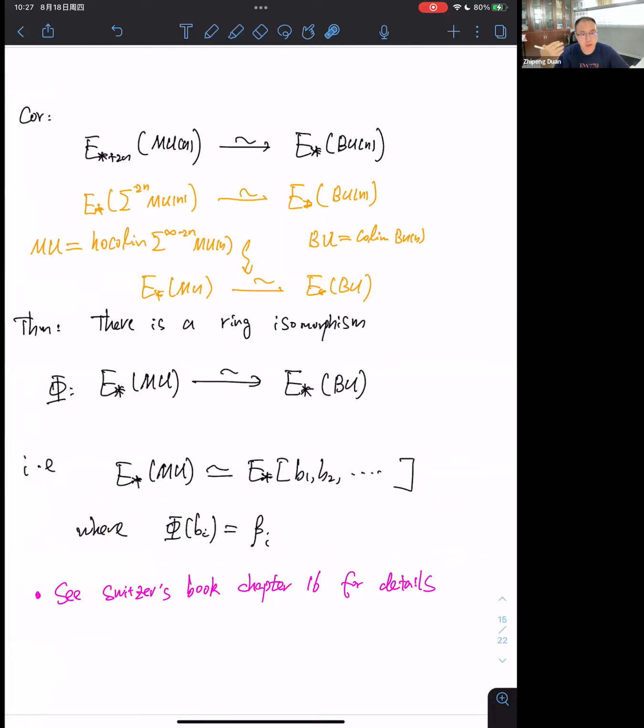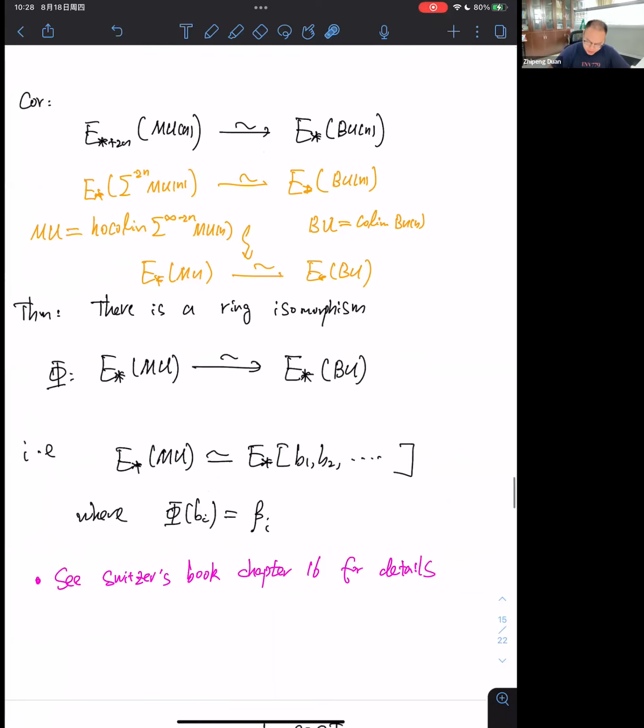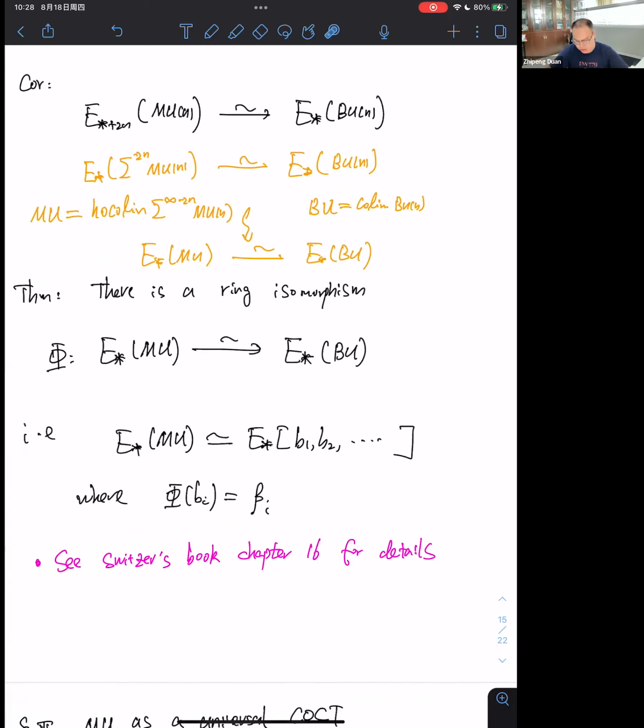We denote here B1, B2, and so on with coefficients E star. And under this ring isomorphism, the bi will correspond to beta i, which are generators of E star of BU. And if you're interested in why this is a ring isomorphism, you can check the details in Switzer's book, chapter 16.